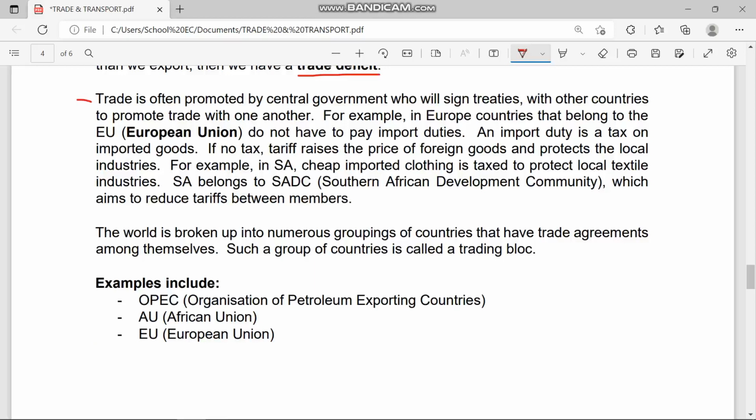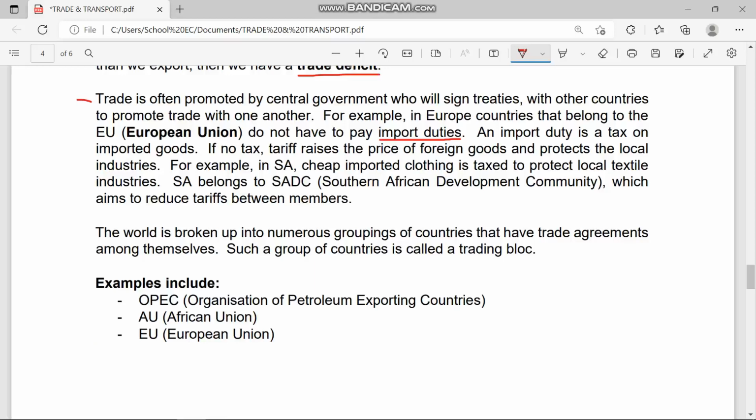For example, in Europe, countries that belong to the EU, the European Union, do not have to pay import duties.